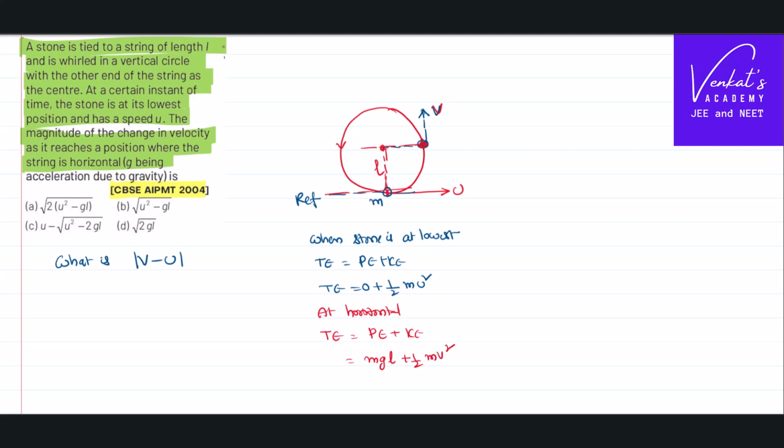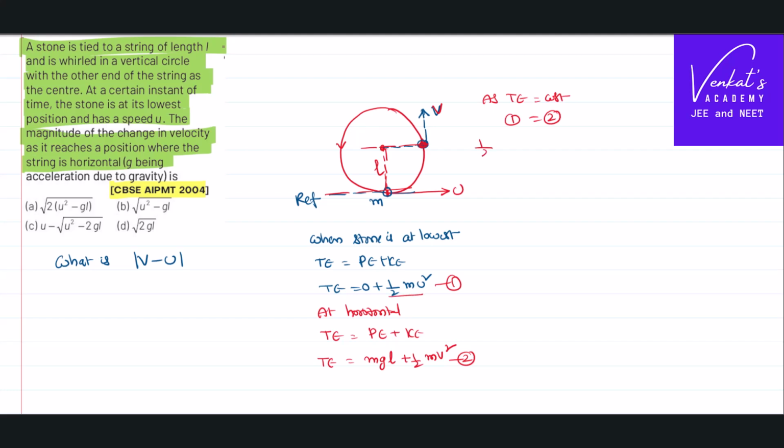Kinetic energy is half m v square. As energy is conserved, the total energy at the bottom equals the total energy at the horizontal position. So equation number 1 equals equation number 2.